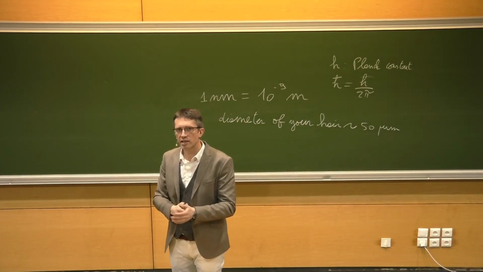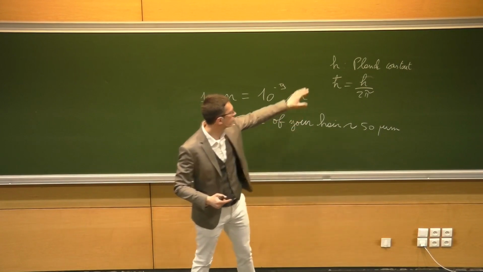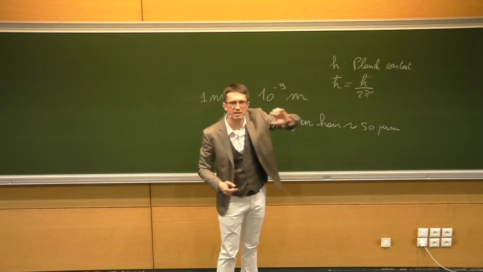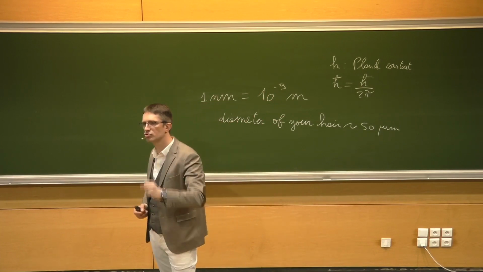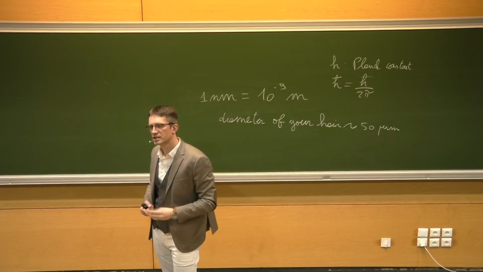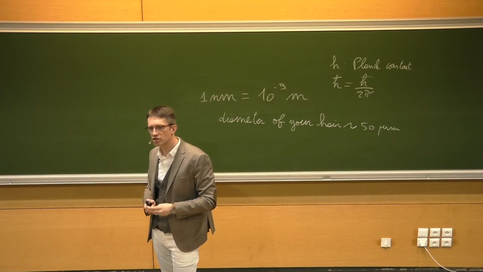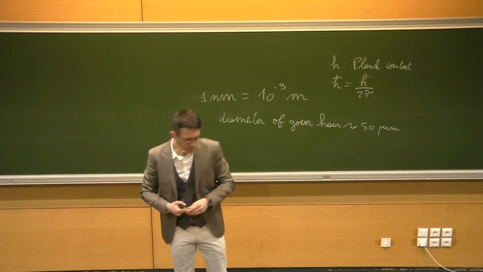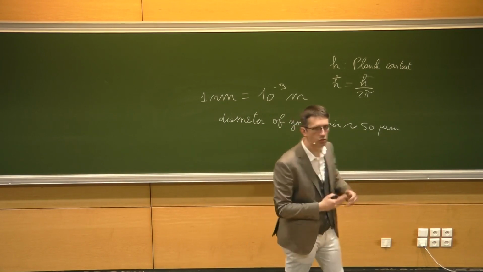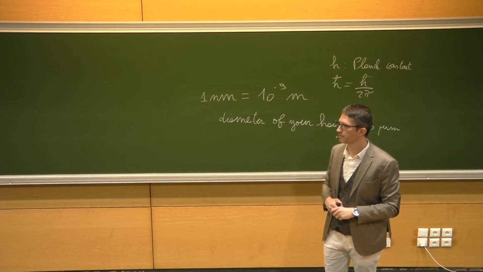What is important is the notion of quantization that came with this constant, which Planck had to introduce in order to understand some physical observations around 1900, like the so-called black body radiation.